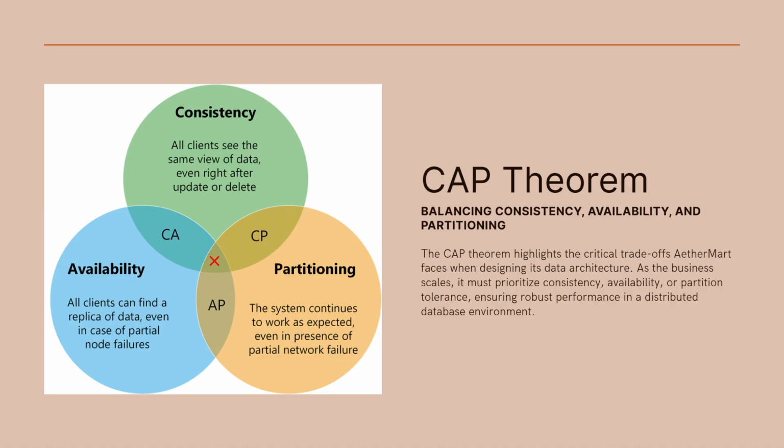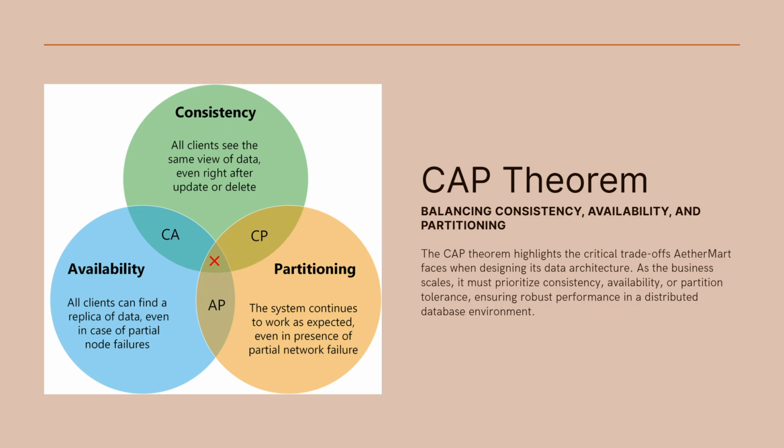There is this CAP theorem, which is a fundamental rule for distributed databases. It says that you can only guarantee two out of these three keywords. So we can have either consistency, availability, or partition tolerance. Consistency means every user sees the same data at the same time.